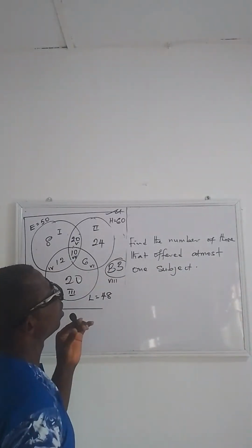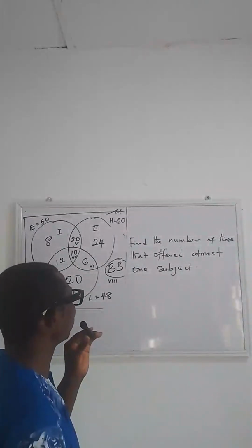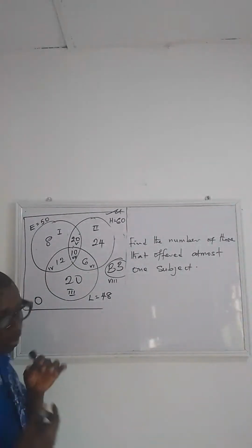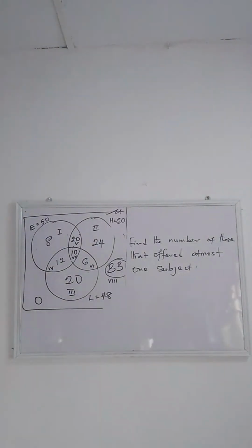Find the number of those that offered at most one subject. Okay, can we do that now? Let's drop our answer in the comment section. So I'm waiting for your answers.